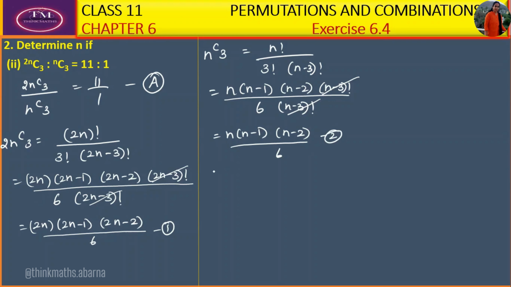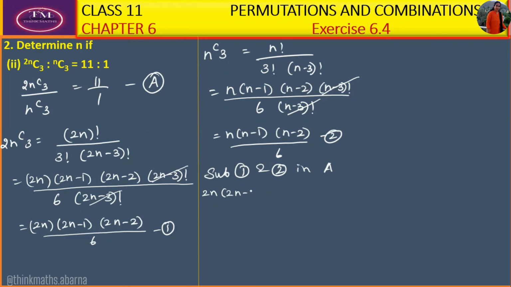Same as the previous problem, substitute 1 and 2 in A. Instead of 2nC3, we substitute this: 2n, (2n minus 1), (2n minus 2) divided by 6.